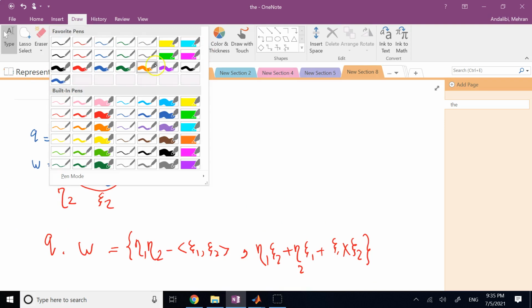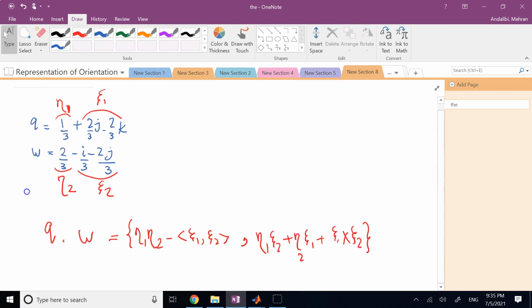So let's apply it. If we apply it, what do we get? Well, eta 1 eta 2 is clear, it is 2 over 9. If you do the dot product of them, you have to multiply each component by the corresponding component, and then basically negate them. So I'm looking into this guy and this one.